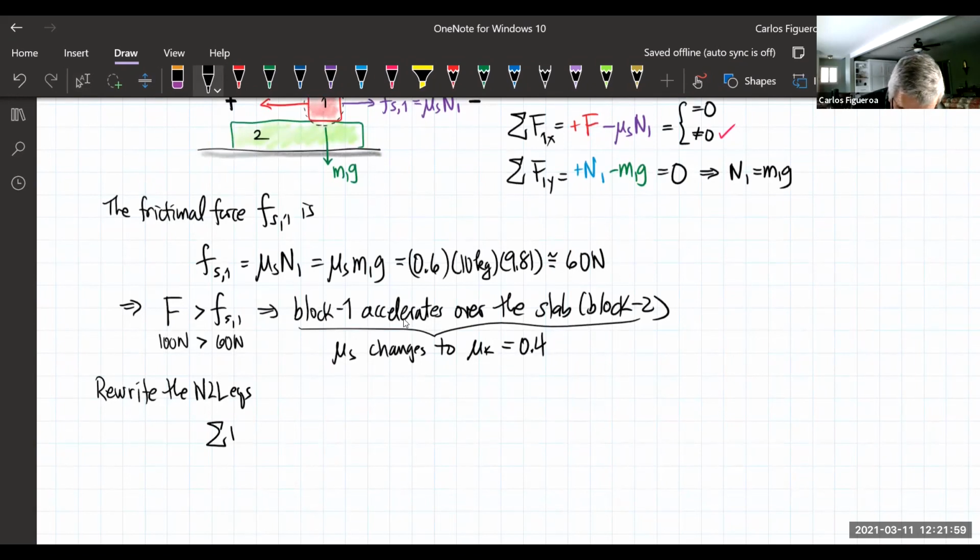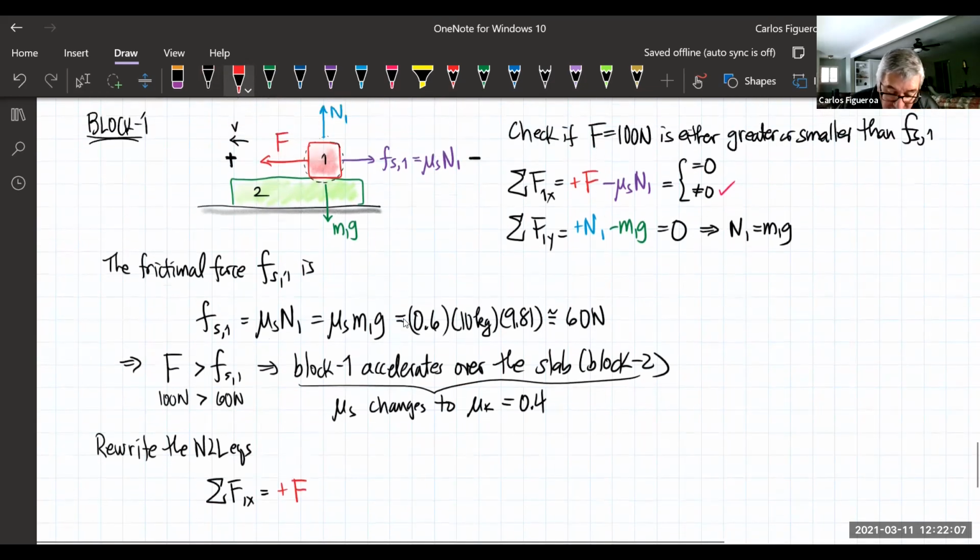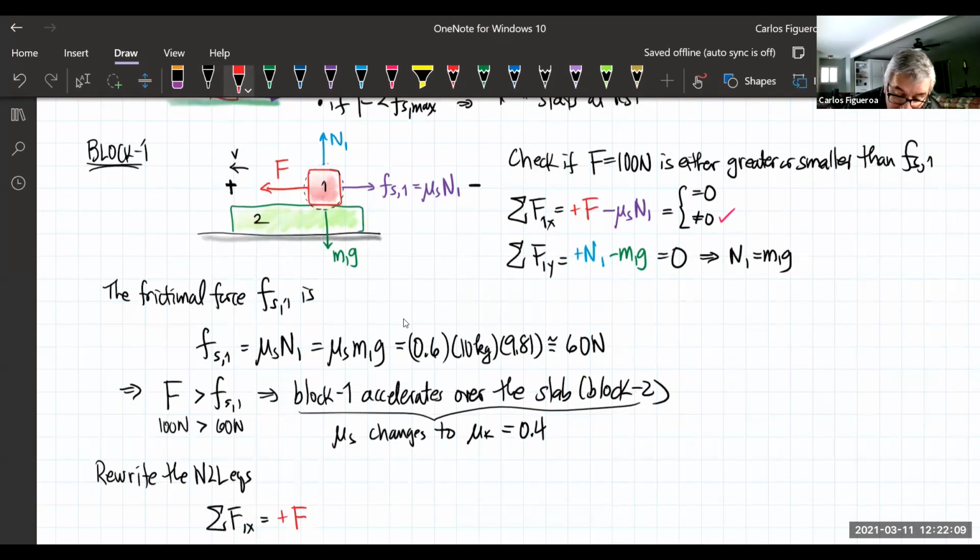So the sum of the forces in the x direction then is going to be what? It's going to be positive F. But this time, remember, I got to change it to kinetic friction. So this thing's going to be minus mu of K times m1g. And this is going to be equal to which mass is being accelerated? m1a.